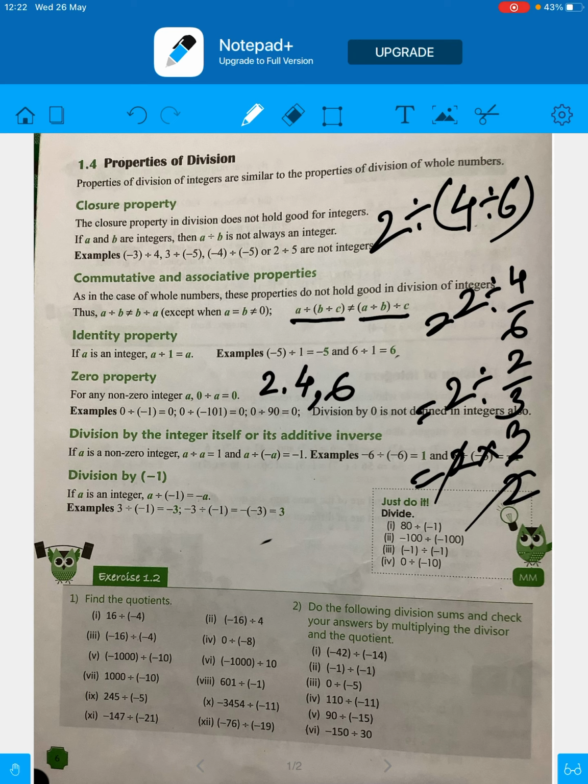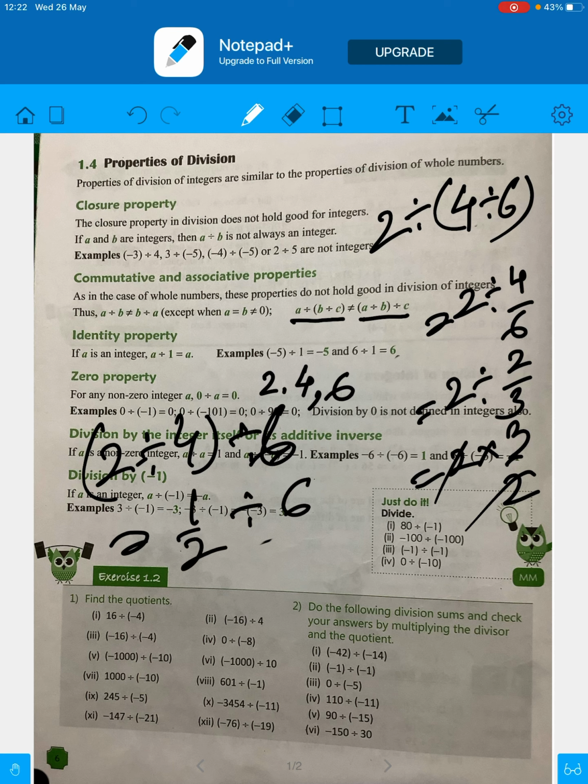But if we take it otherwise, like this, a is 2, b is 4. 2 divided by 4 divided by 6, what do we get? It is equal to half divided by 6.